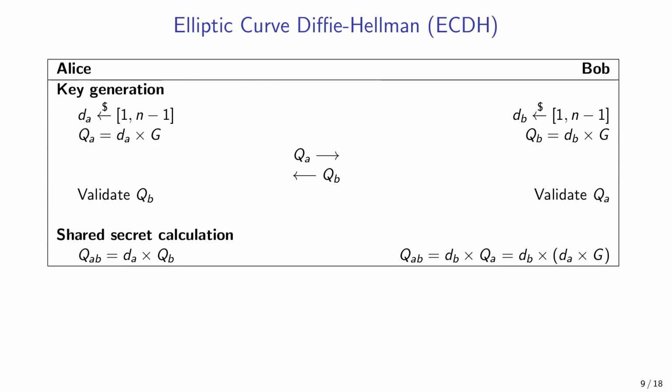Now, why is it important to validate the public key here? The reason is that if point validation is not done, then the other party can send us a specially crafted value that, when multiplied with our private key, will produce a result that may leak information about our private key. Let's consider a case where we receive a point that is on some other curve, which has a very small size. Let's say the curve has an order of 2, meaning that there are only 2 points on that curve.